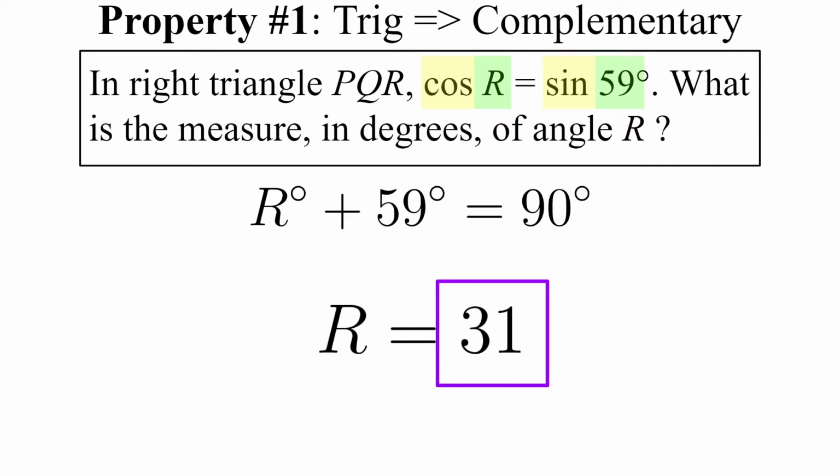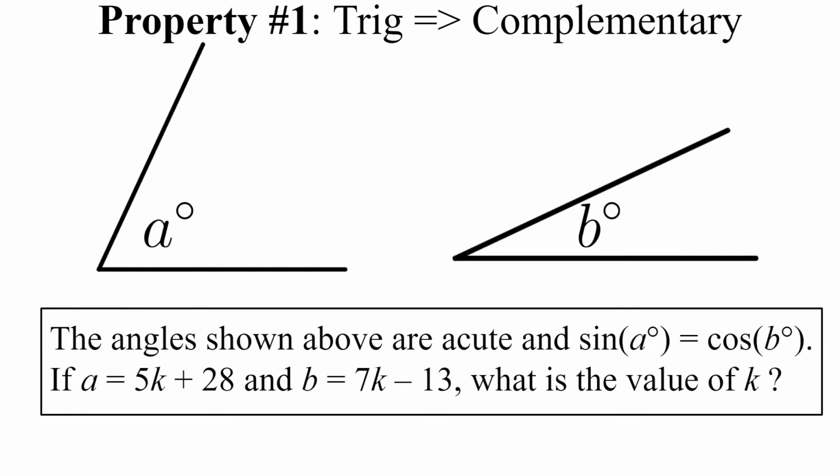Now these can get more complicated. So if you look at this one, you'll notice they gave us this picture, which doesn't even really matter. They already are telling us in the question statement that sine is equal to cosine. And we're essentially just going to do the same thing.